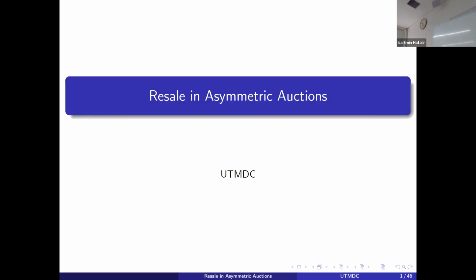So think about asymmetric first price auctions. The equilibrium is hard to characterize, but we know that it is inefficient. If we have a weak bidder and a strong bidder, the weak bidder will be bidding more than the strong bidder in terms of the bid function.